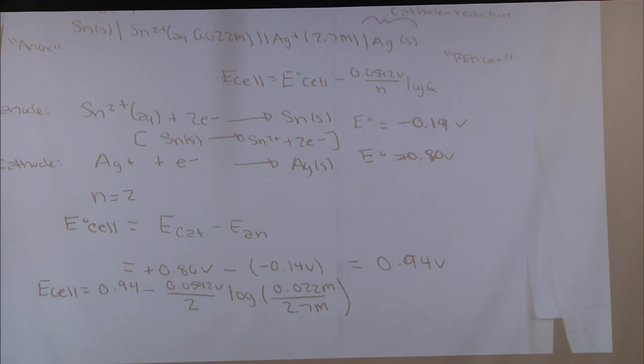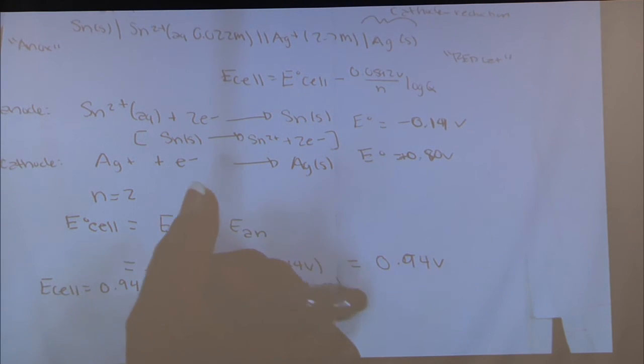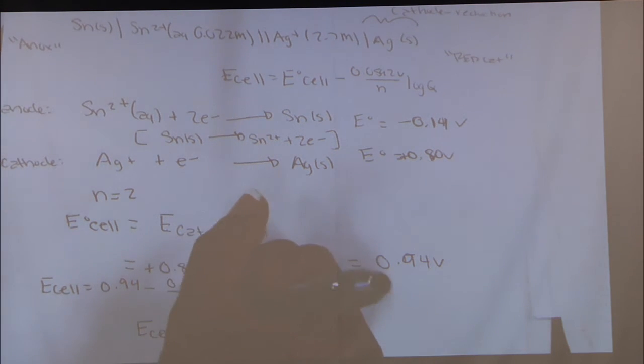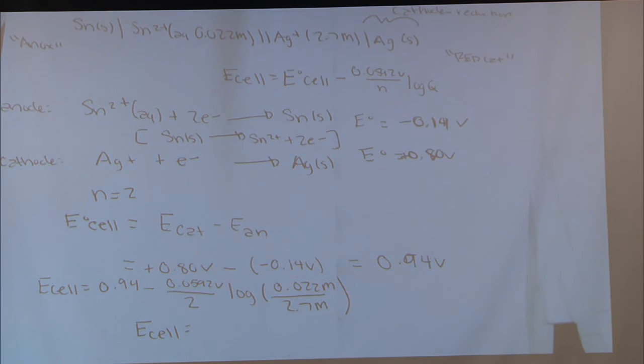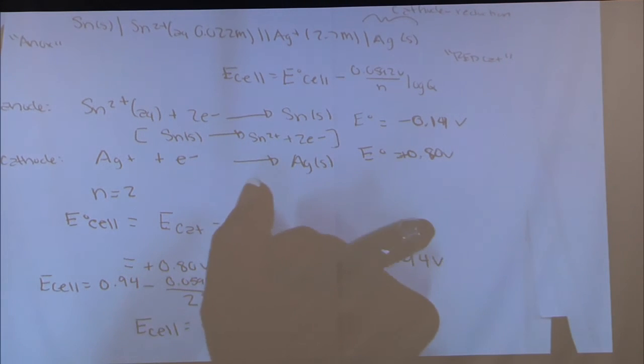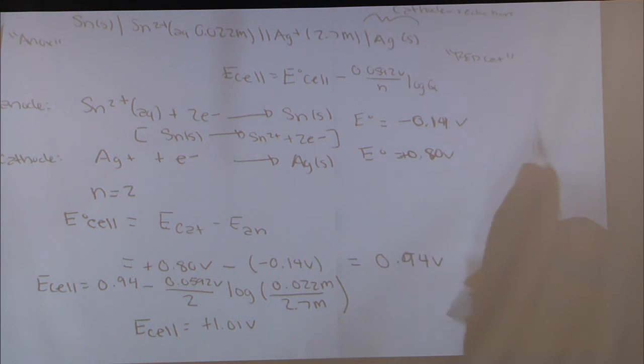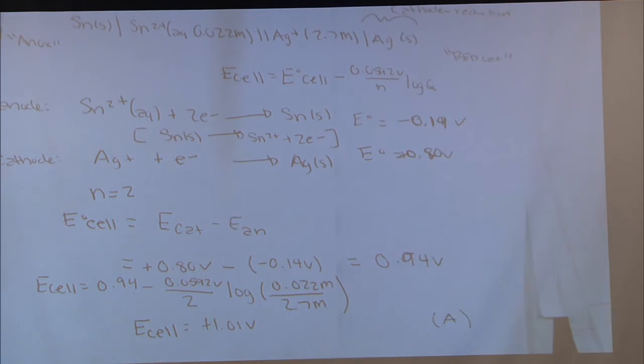And then you're going to plug all of that in your calculator, and you'll be able to get the E cell. And you should get plus 1.01 volts, which is A. Are there any questions regarding this one?